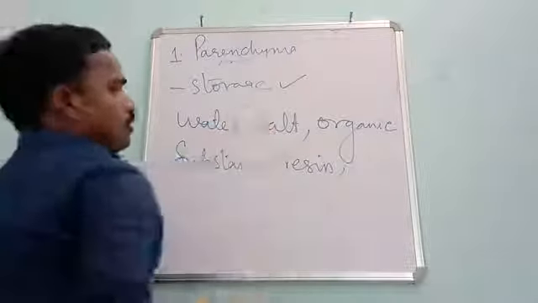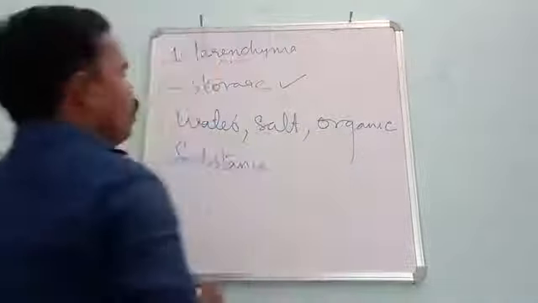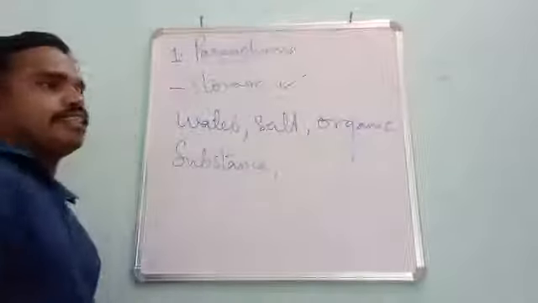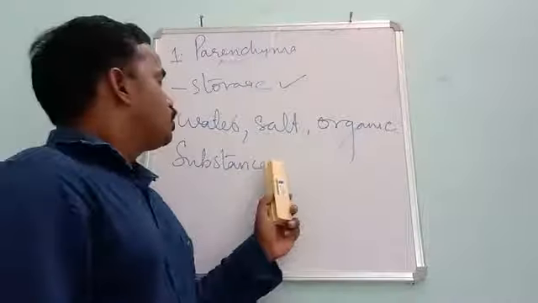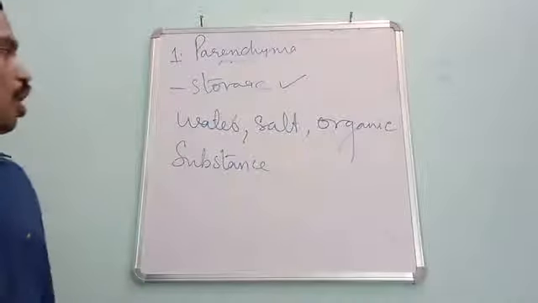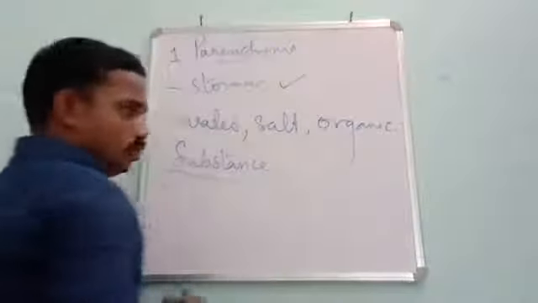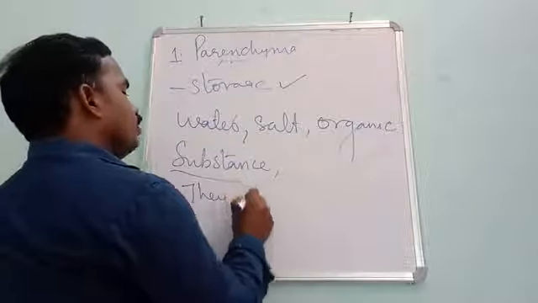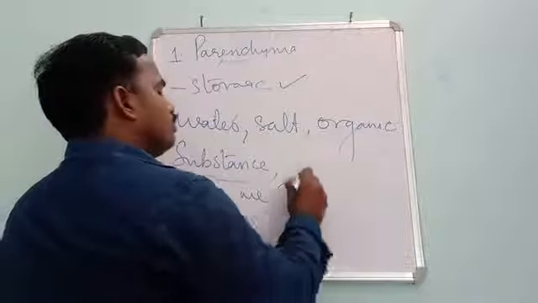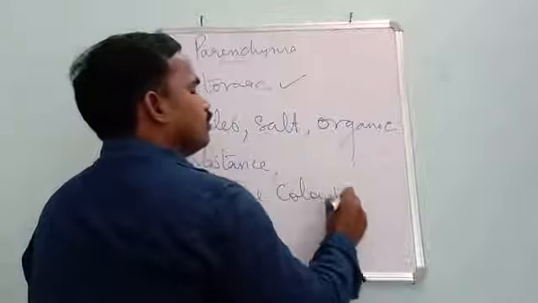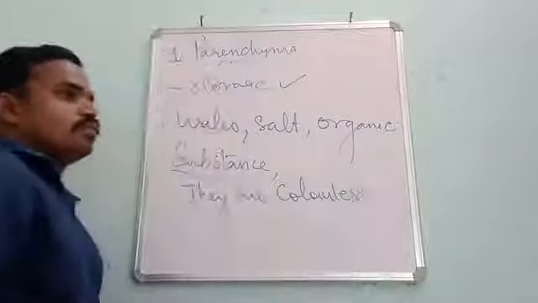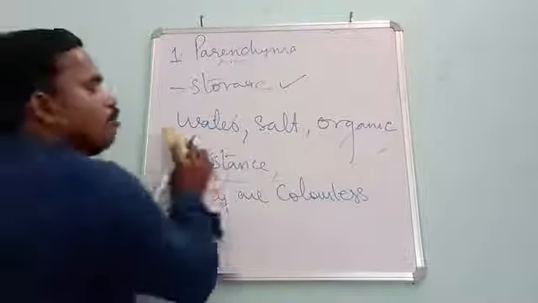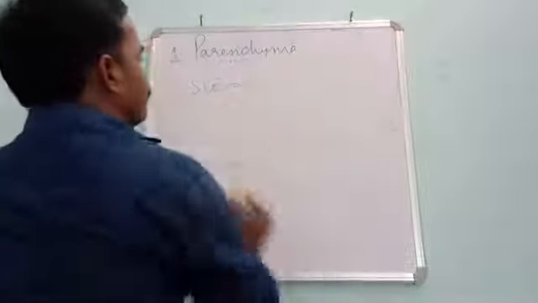All these things, water, salts, organic substances, are stored in the parenchymatous cells. Are they colorful? No, they are colorless. In certain cases, the parenchymatous cells store resin.